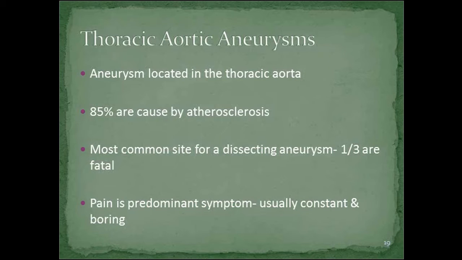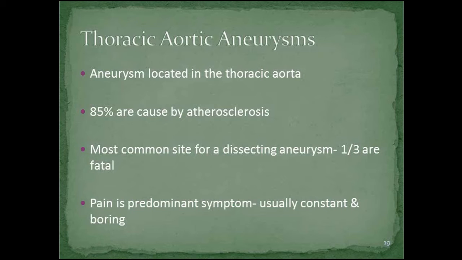Okay, the first type of aneurysm we're going to talk about is the thoracic aneurysm. These are located in the thoracic aorta, meaning anywhere from the aortic arch down to the thoracic vertebrae end.